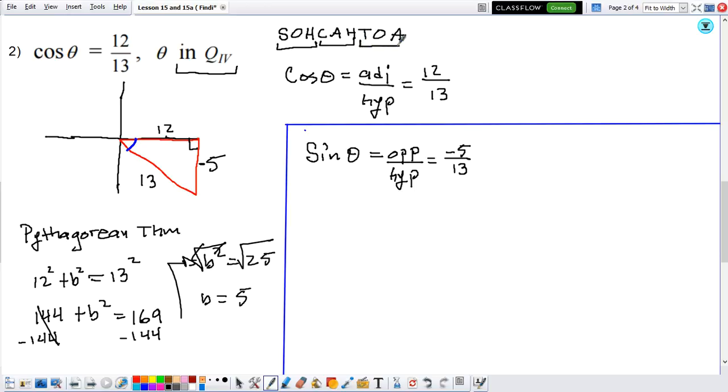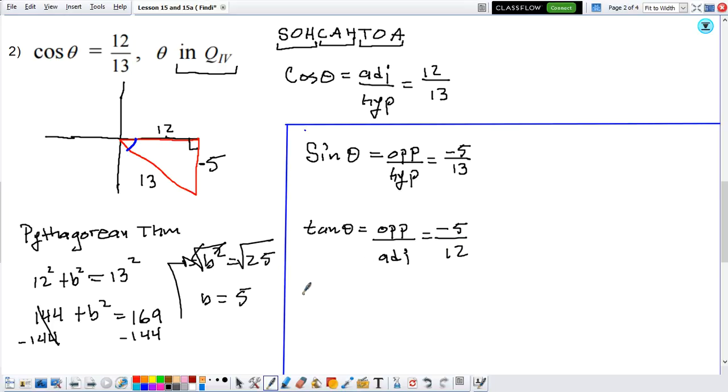Now we need to find out tangent. We know that tangent is equal to the opposite over the adjacent from SOHCAHTOA. Opposite, we found it to be negative 5. Adjacent, we found it to be 12. So that means that tangent is negative 5 over 12.